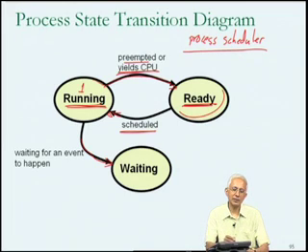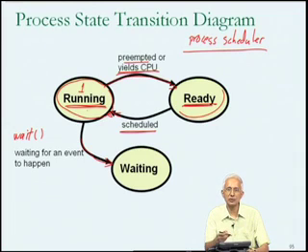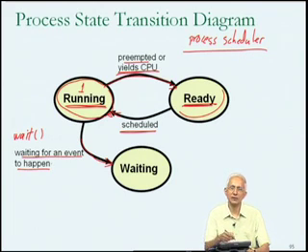So for example, if there is a process which is running and it executes the wait system call, then we know that it basically wants to sleep until something happens to its child, and in this activity it is waiting for an event to happen, which is possibly the exit of its child, and therefore that is why this is labeled as waiting for an event to happen, the result of which is that it goes into the waiting state. It does not go into the ready state because it is not actually ready to run right now. It will be ready to run only when the event that it is waiting for has happened.